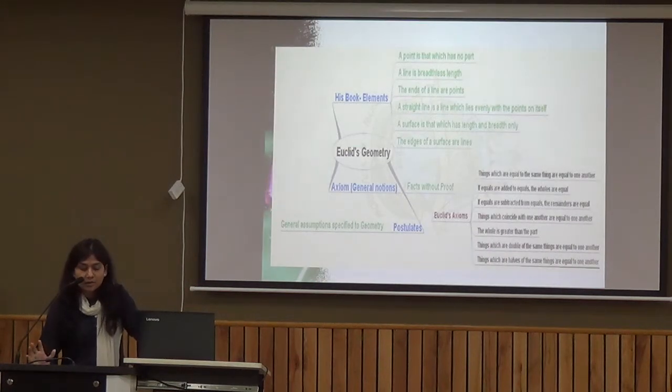Now, this is a summary of the entire Euclid's geometry which we have discussed so far, and also his book Elements. Have a quick glimpse of this flowchart.